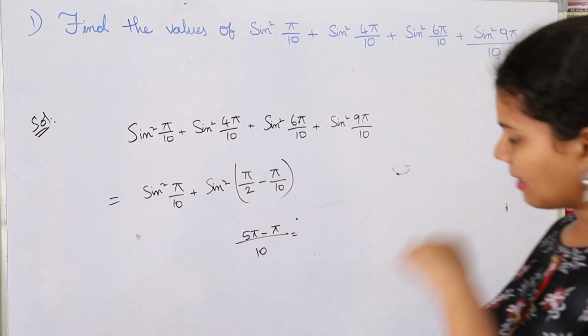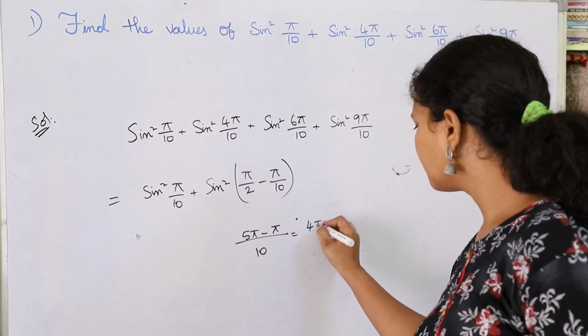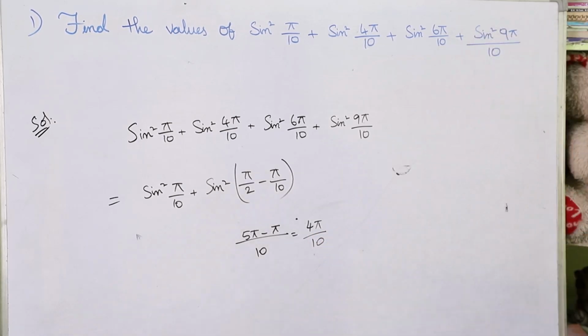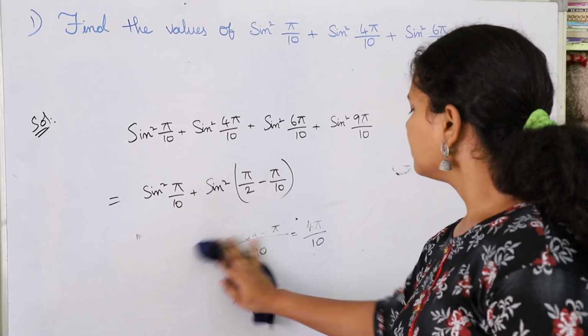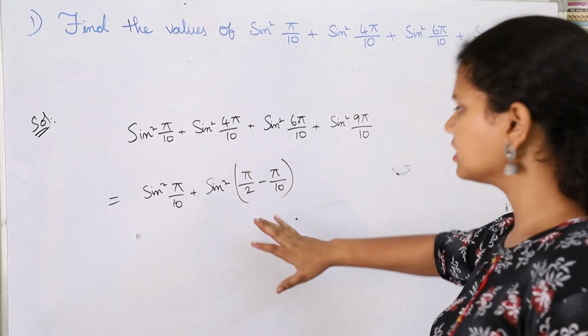So 5 pi minus pi gives 4 pi, so 4 pi by 10. That is why I have written 4 pi by 10 as pi by 2 minus pi by 10.